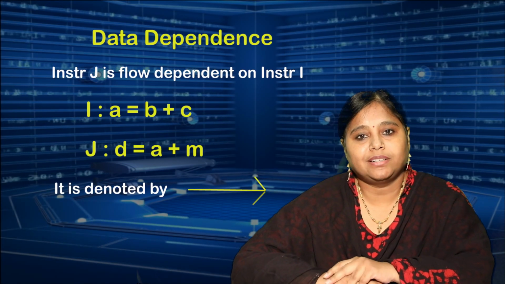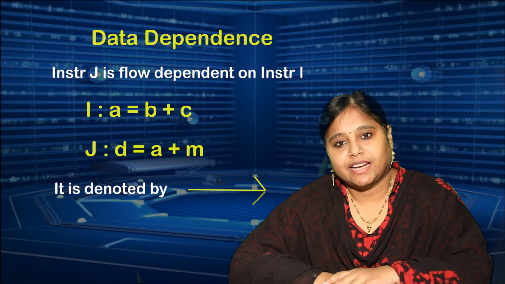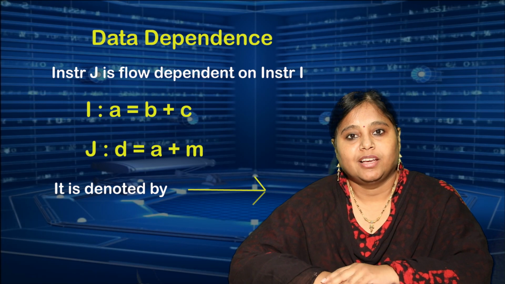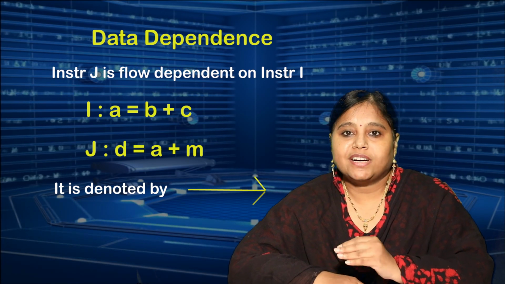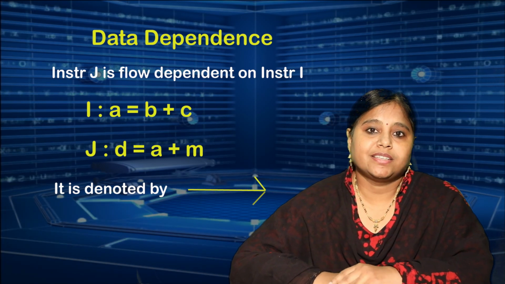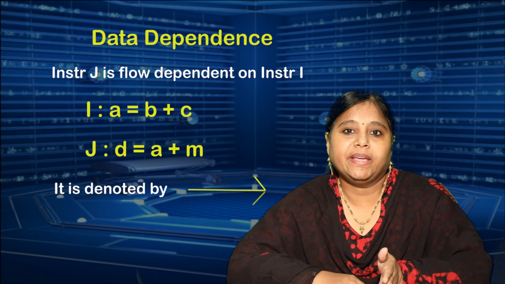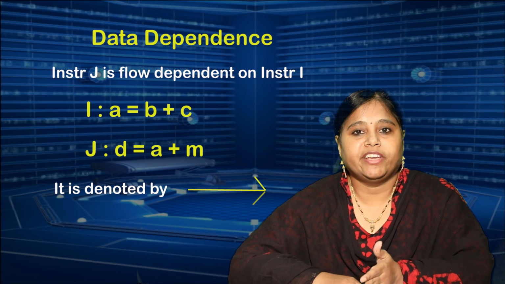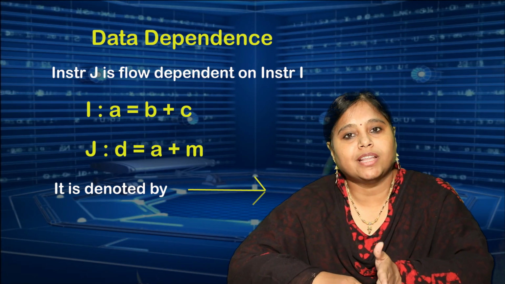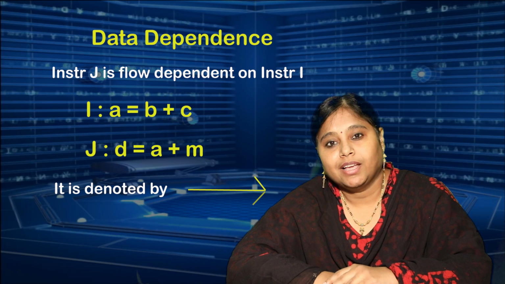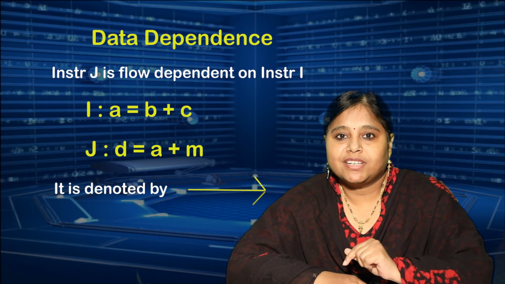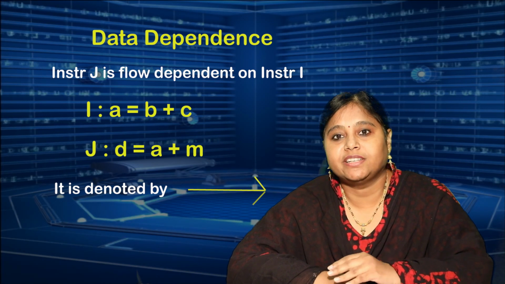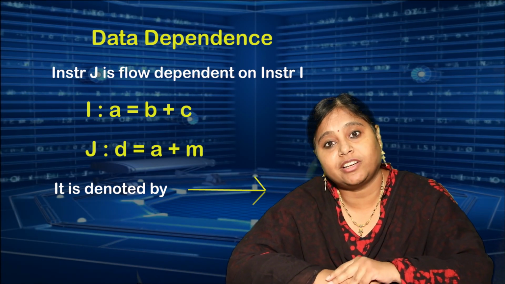Look at the example: two instructions, instruction I and instruction J. Instruction I is A equals B plus C. That means we are adding the two variables B plus C and storing the result in the output variable A. Here, the first instruction's output is acting as the second instruction's input.